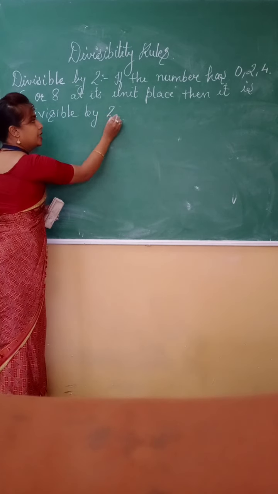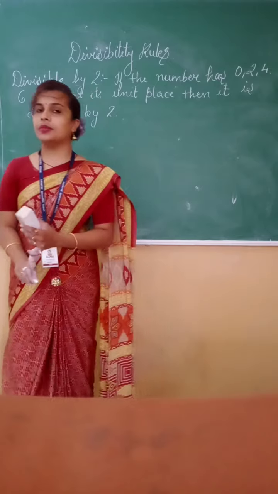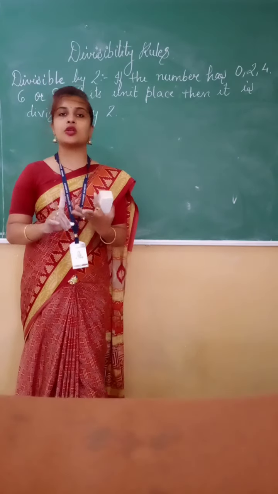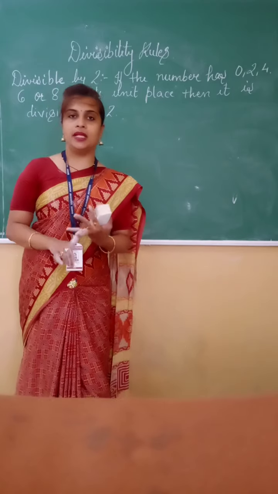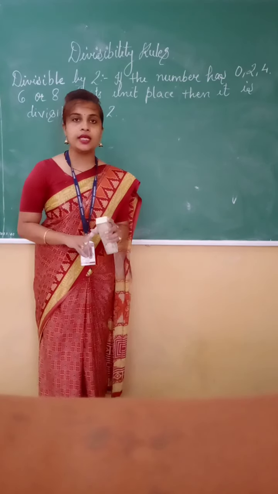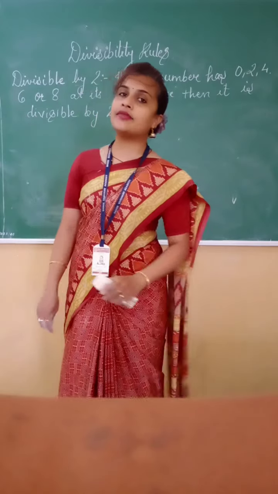If any number has 0, 2, 4, 6 or 8 at its unit place, then the number is divisible by 2.